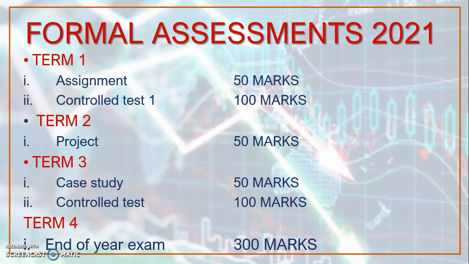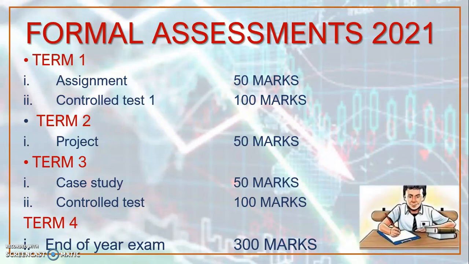This time around it's not 200, but it's 300. Remember I said grade 11 is a bit demanding. So you need to ensure that you are on top of your game. Please expect these assessments, study for them, prepare for them, make sure you are not found wanting.